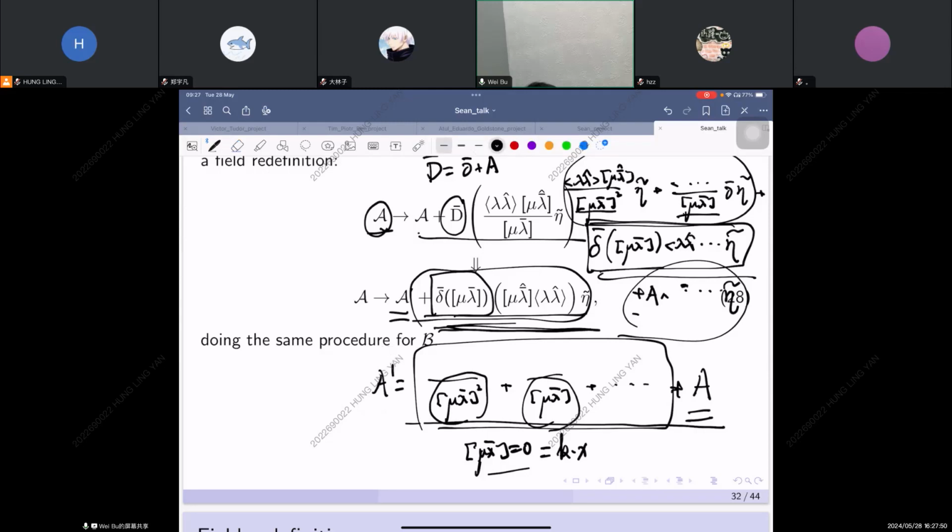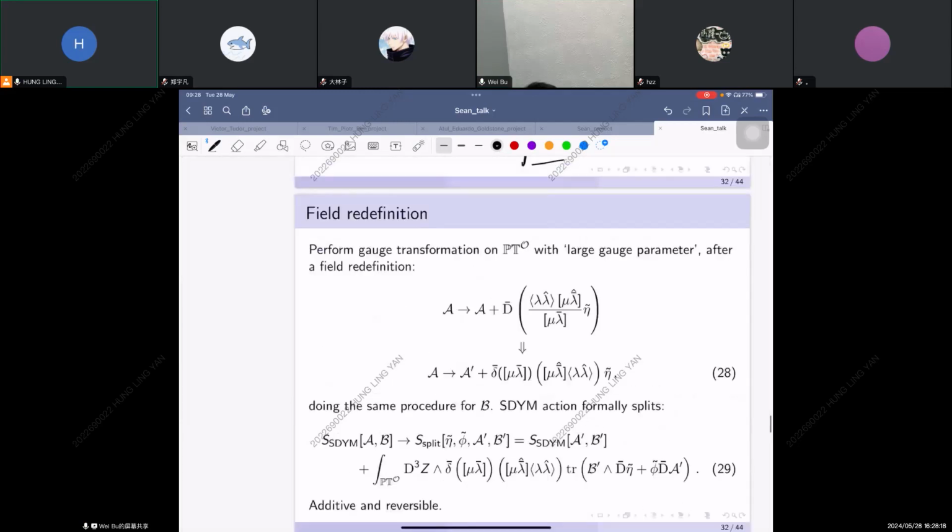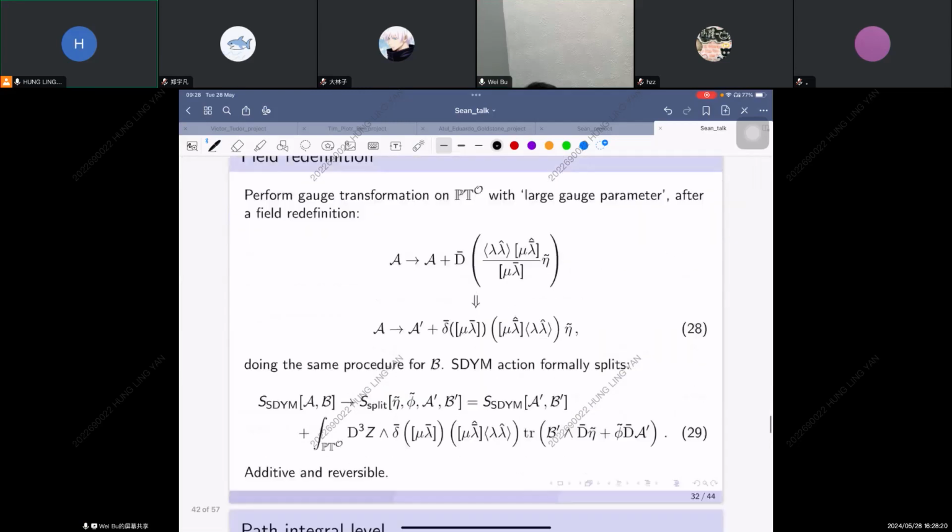As a response from the system, it's giving me some extra system living on this locus, mu lambda bar equals 0. As I showed you earlier, the 2D CFT precisely localizes to this locus. And that degree of freedom is controlled by this large gauge parameter. Is that okay? Yes. So far, that's what we did.